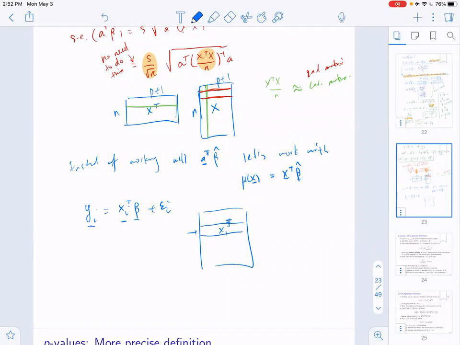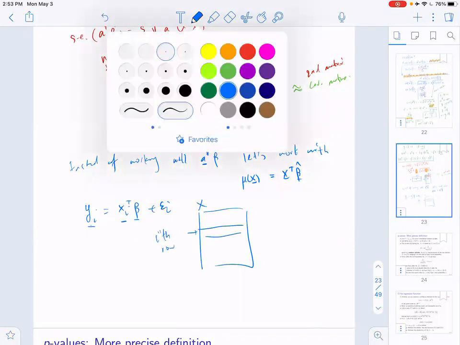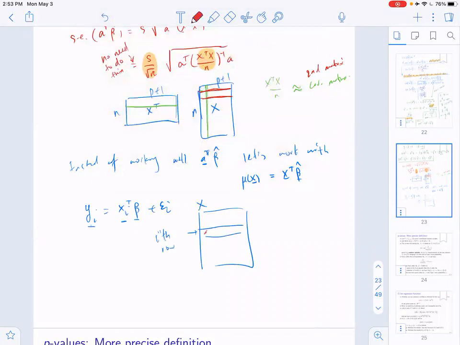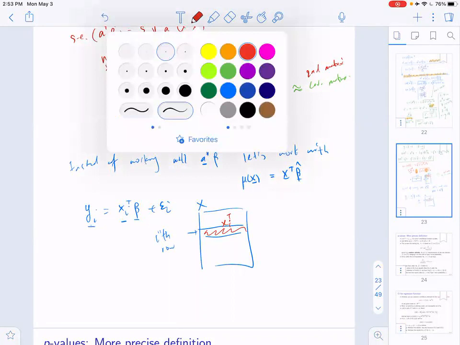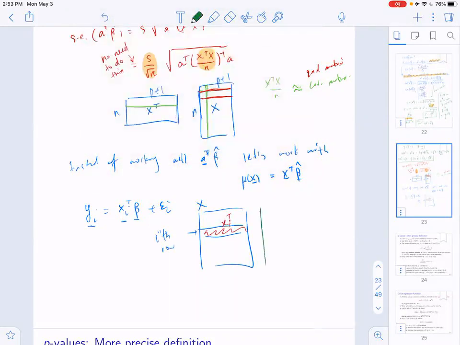Okay, so this is Xi. If I look at the ith row of X, that would be Xi transpose. And then I have an observation here. This is the y vector, and so this would be yi.